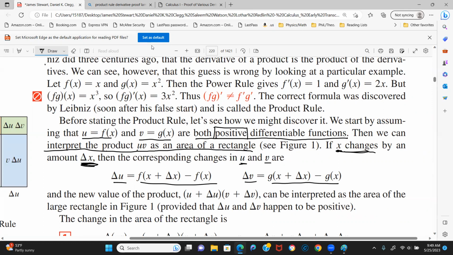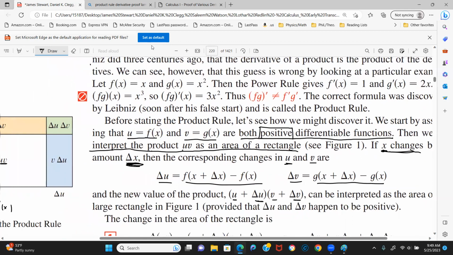All right, so now if we change x by delta x, then we change u and v by a small amount, delta u and delta v, and this will be the area of a larger rectangle.